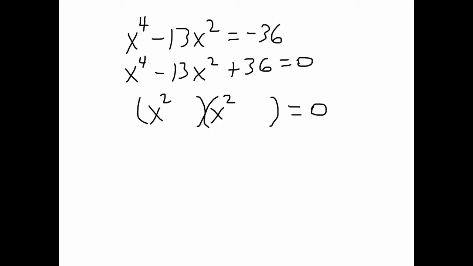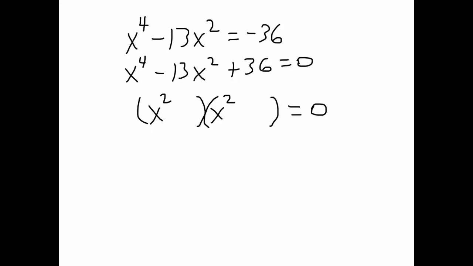What pair of factors of 36 would add to give us a negative 13? One and 36 clearly would not work, nor would 2 and 18, or 3 and 12. But 4 and 9, when added, results in 13.